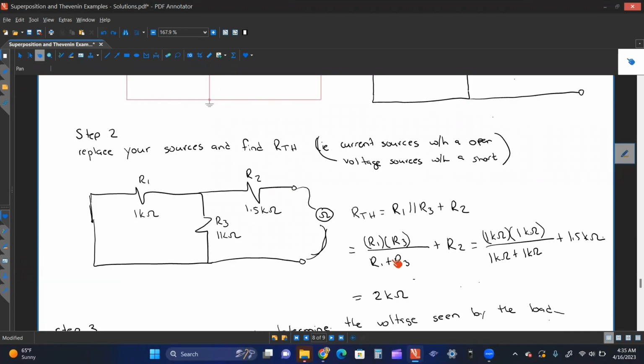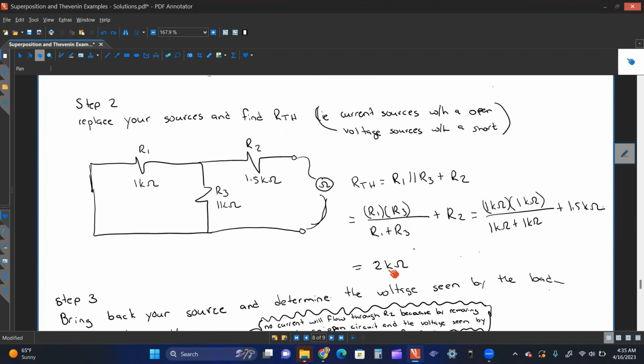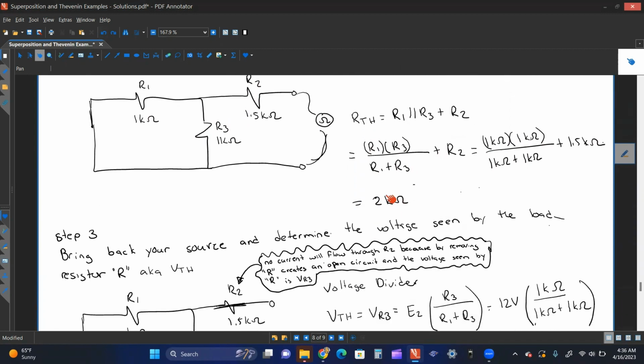So this is your parallel two resistor method, product over the sum. And then you just want to add R2. So I have 1 kilo ohm times 1 kilo ohm divided by 1 kilo ohm plus 1 kilo ohm, plus 1.5 kilo ohm. And I get your total R Thevenin resistance is 2 kilo ohms.